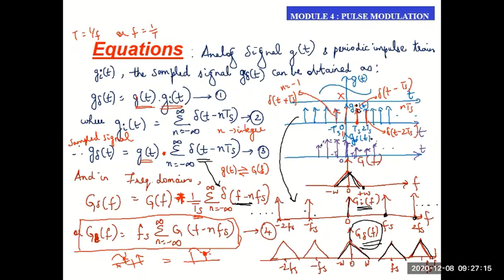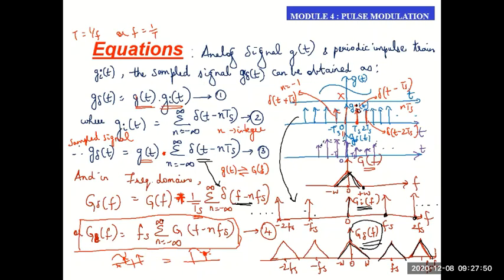And in the frequency domain, you see how the spectra look. The initial message spectrum is a triangular spectrum G of f as shown. And the spectrum of the impulse train is another impulse train, distributed at multiples of Fs. Impulses at Fs, 2Fs, 3Fs, at all multiples of Fs, I'm going to have impulses. Finally, the sampled signal G delta of f will be the basic triangular signal existing at all points where the impulse has existed.